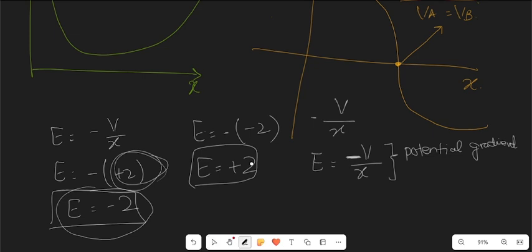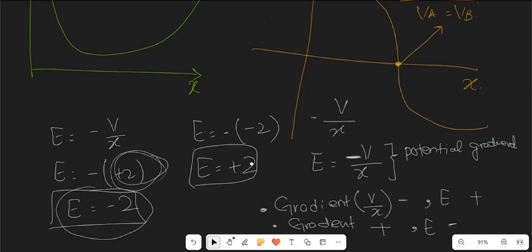So if I were to sum it up, if the gradient, which is V over x, is negative, then electric field strength is positive, and if the gradient is positive, then electric field strength is negative. And this is the entire science behind this.